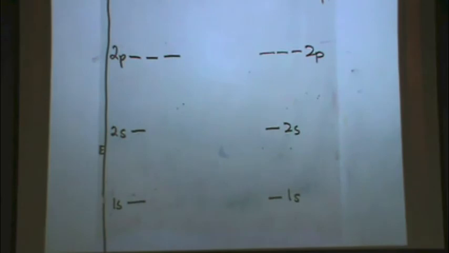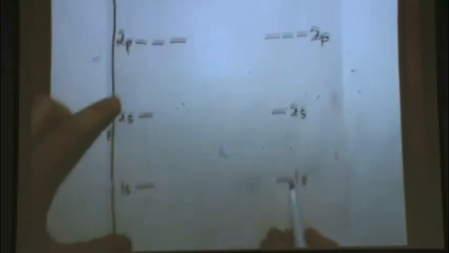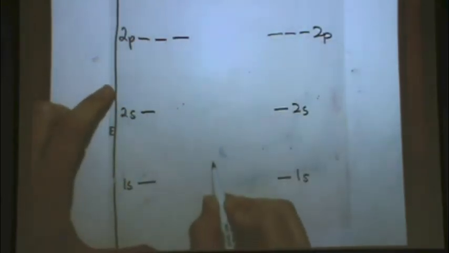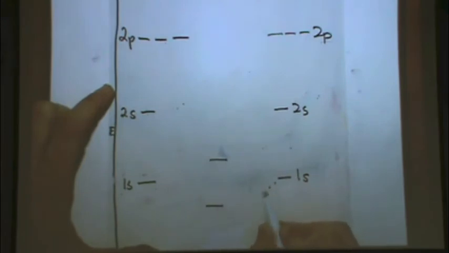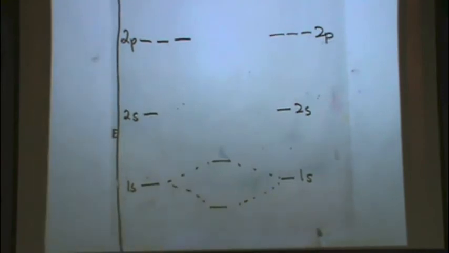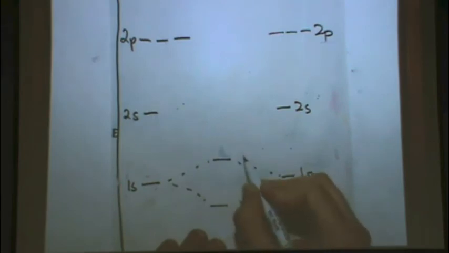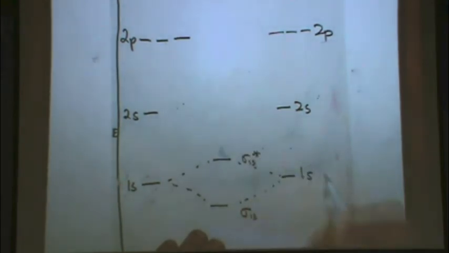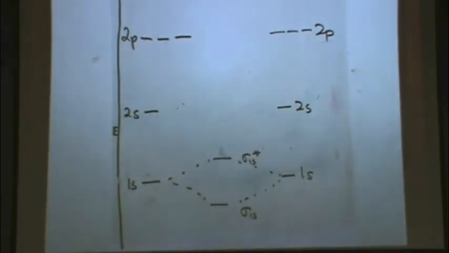At the very bottom is the 1s as a bonding and antibonding molecular orbital. It looks just the same as what we've been doing so far. No change here. There's the sigma 1s and the sigma 1s star. That's the same. We'll put in the electrons in a little while.